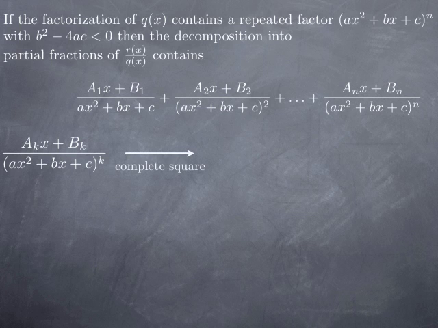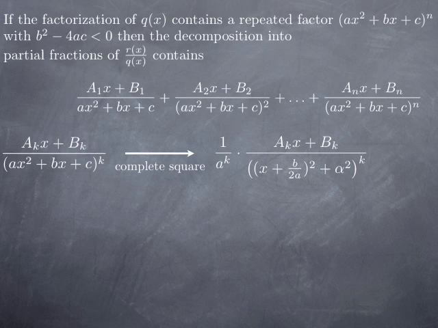Specifically, we start with completing the square. So we factor out a, and when we pull it out of the power k, we get 1 over a to the k, and then we have this x squared plus b over a x in which we complete the square. So we take 1/2 of the coefficient of x, so we get something that looks like that, where alpha squared corresponds to some positive term.